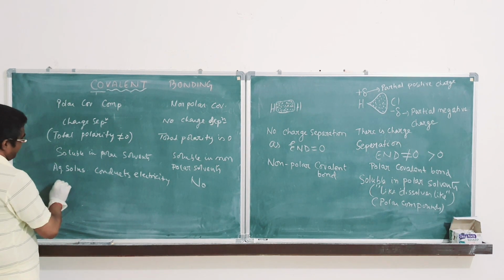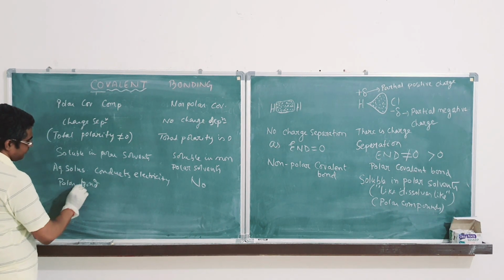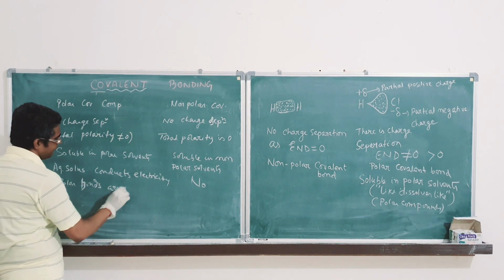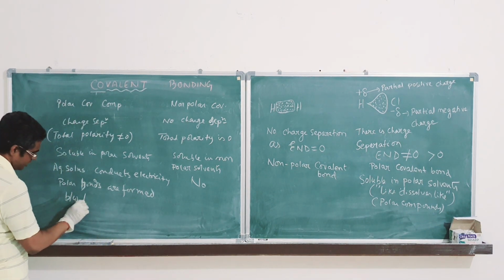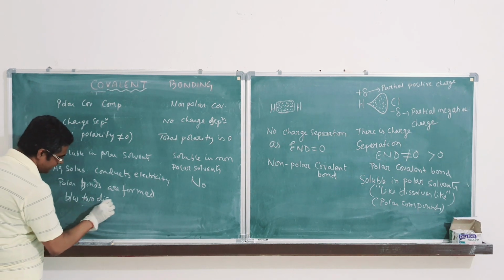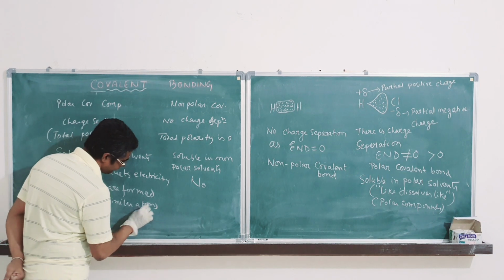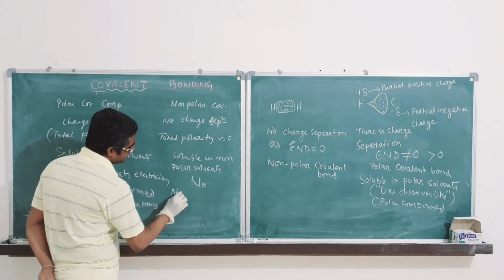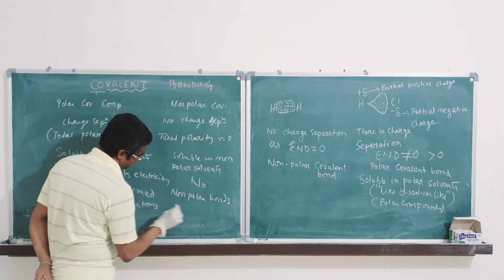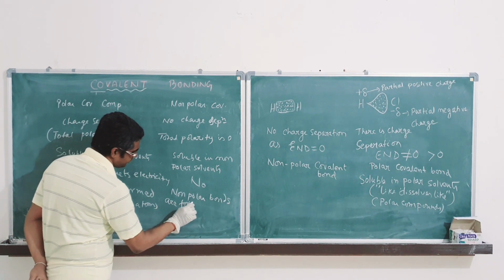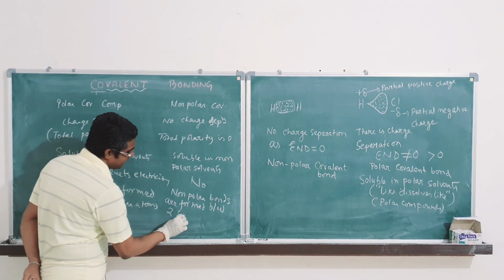Here you write that polar bonds are formed between two dissimilar atoms. ठीक है, non-polar bonds are formed between two similar atoms.